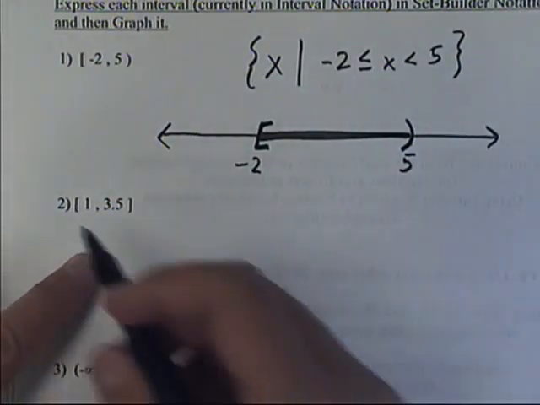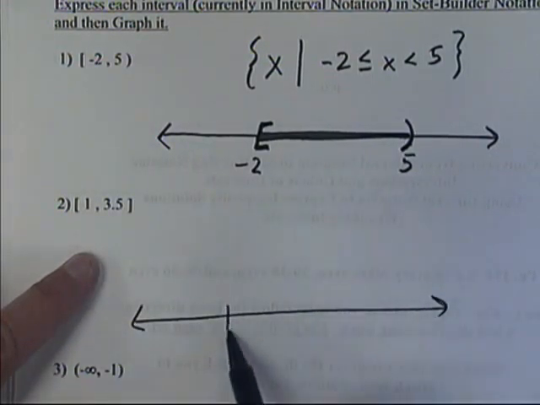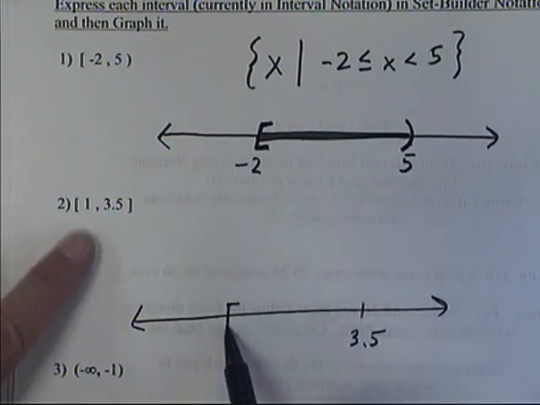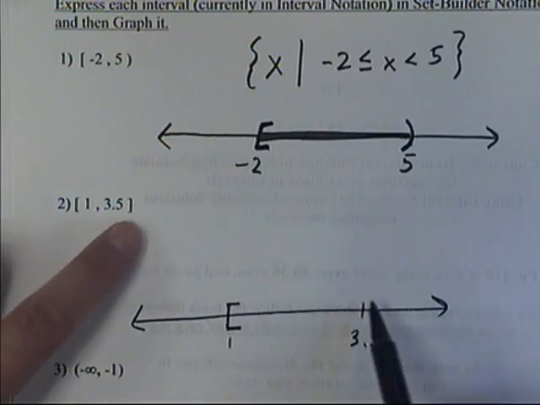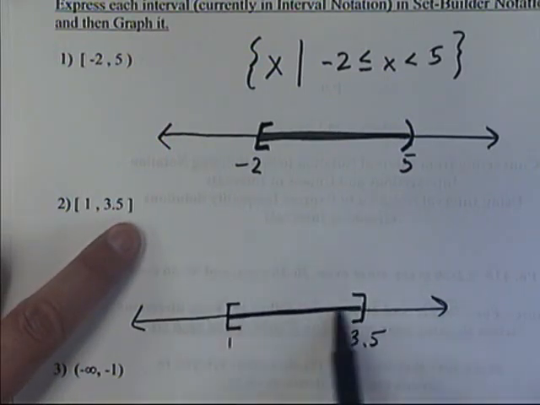Here's another one, between 1 and 3.5. Here's the number 1. Here's 3.5. We're going to include 1 because the bracket's here. Include 3.5 because the bracket's there. And we're going to shade in everything in between.